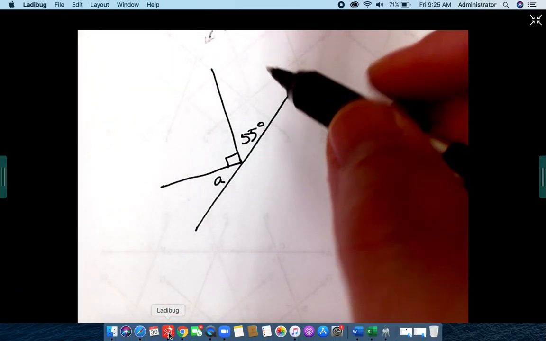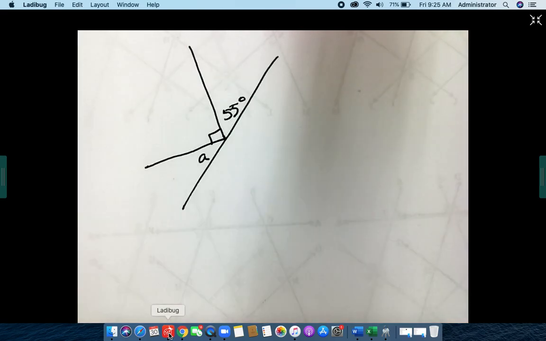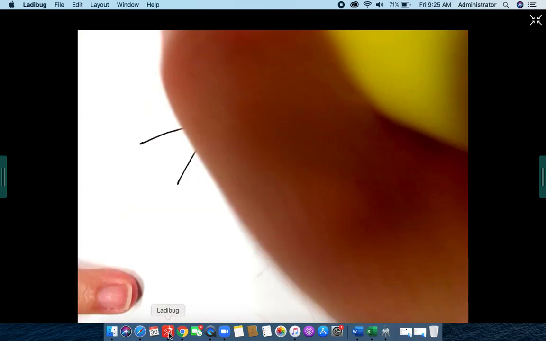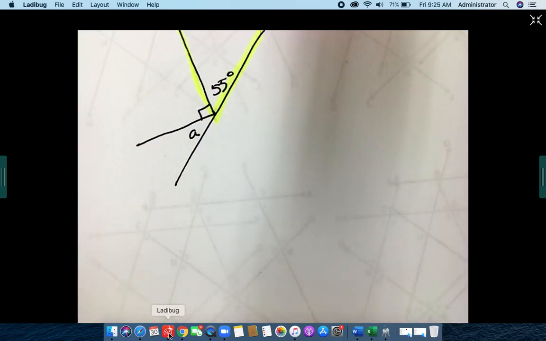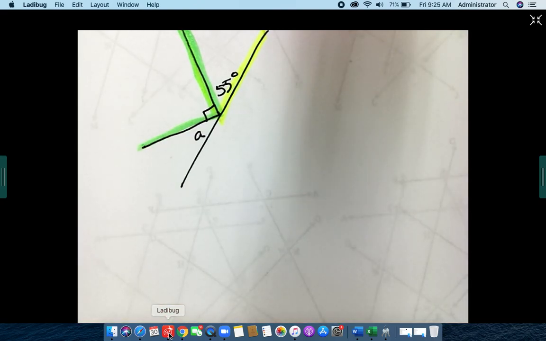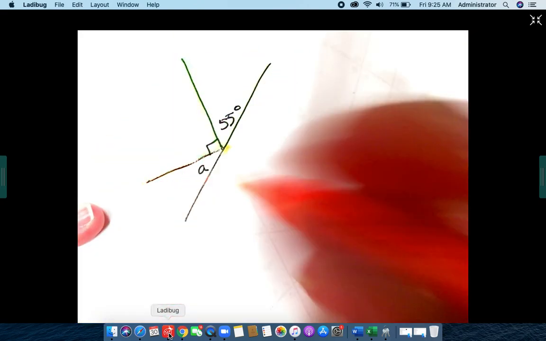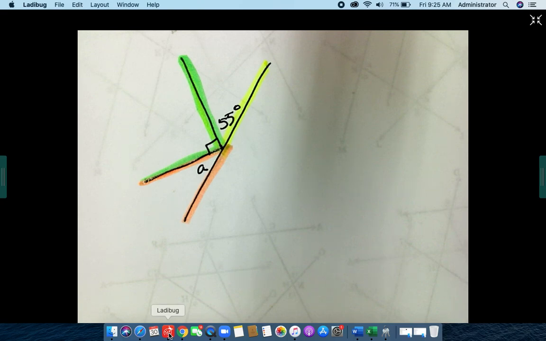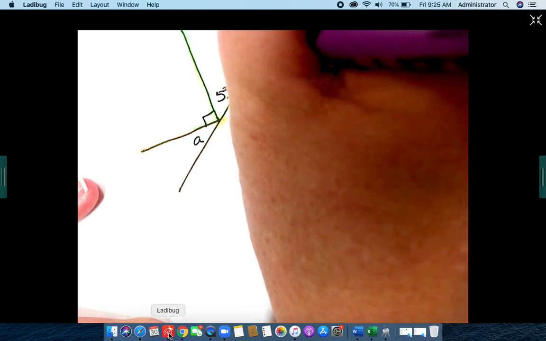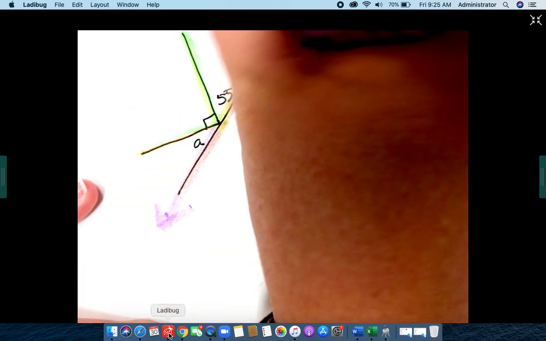This time we don't have a linear pair, because a pair is 2, but we have how many angles? We have this 55-degree measure. We have this 90-degree measure. We have this acute angle here. But all together, these 3 angles form a straight line.